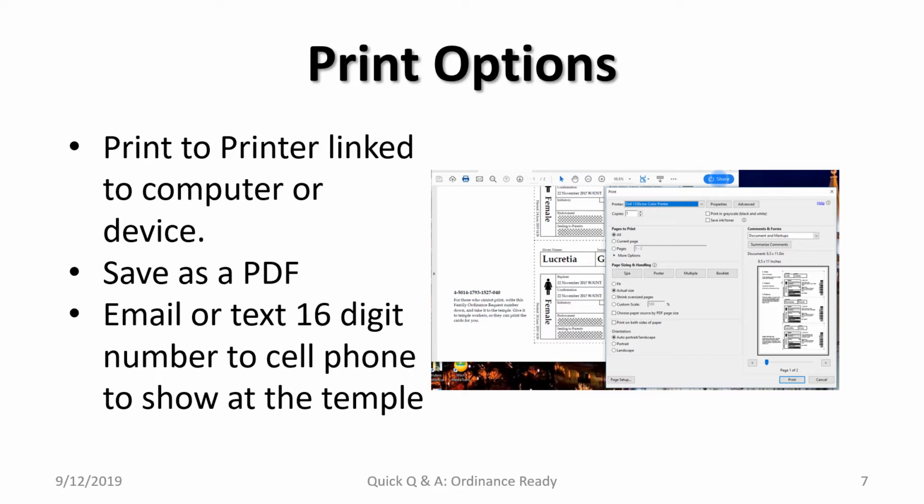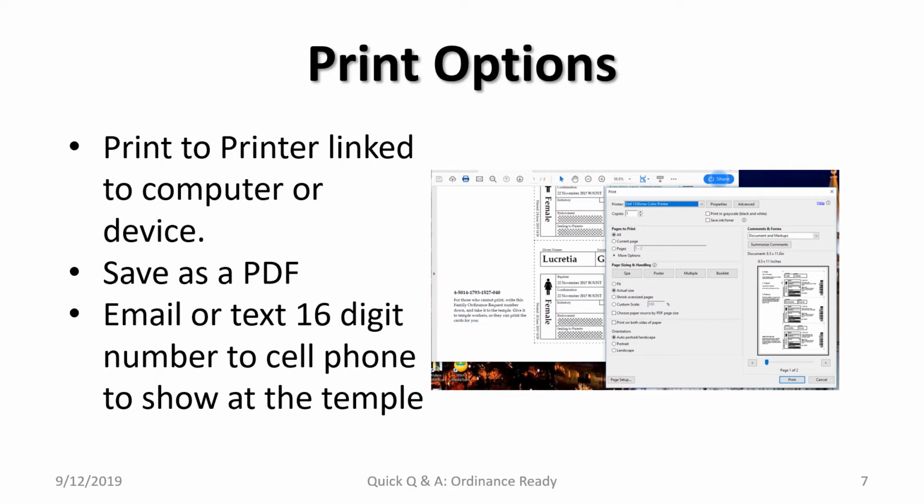If there is no printer connected, save as a PDF to your computer or USB drive. This file can be emailed to someone who has a printer, or you can use the USB drive to plug into a compatible printer.